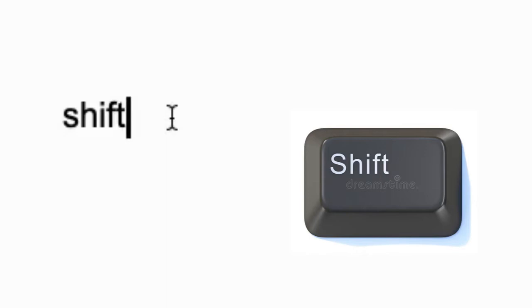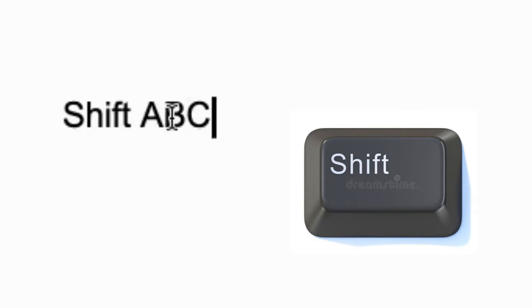So I would like you to hold, to see what happens when you hold that shift key down and type a letter. You should see that's how you make a capital letter. So let's go ahead and type shift equals capital and hold the shift key down while you type capital.